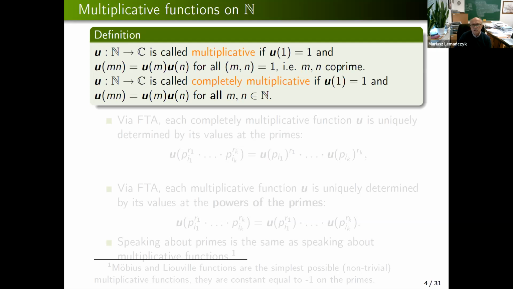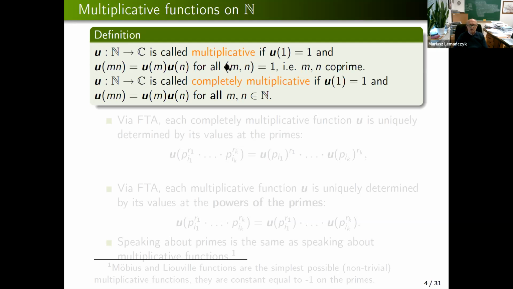A function is called multiplicative if its value at 1 is equal to 1, but then u at the product of two natural numbers is the product of the values: u(mn) is equal to u(m) times u(n), under the additional assumption that m and n are coprime. The greatest common divisor is equal to 1. They don't have common factors.